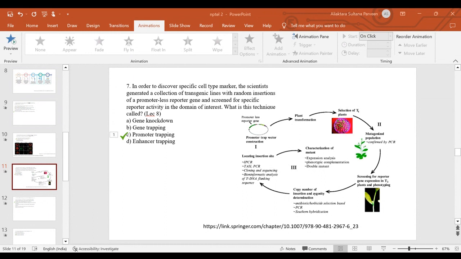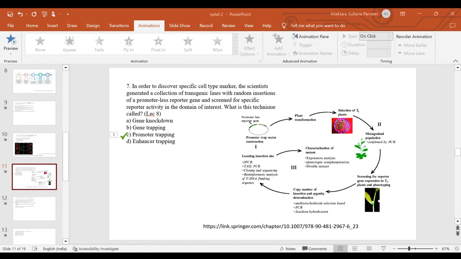People do that. But if you see here, what they're talking about is a promoterless reporter gene. So you have this gene along with your reporter, it could be GFP or any enzyme you can think of for any kind of assay, and then you are randomly inserting the vector containing this gene.